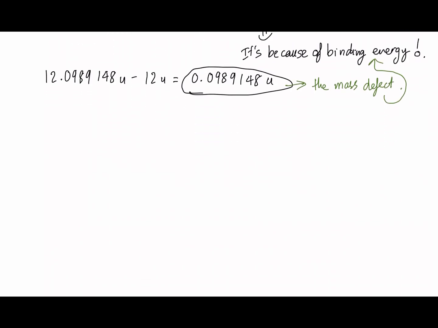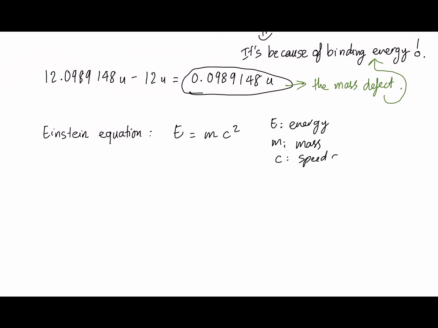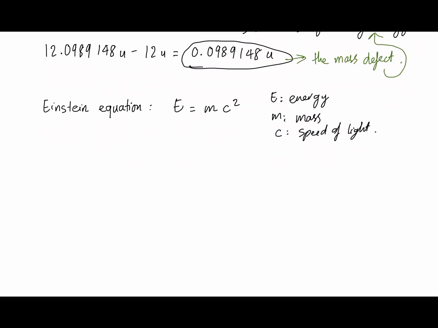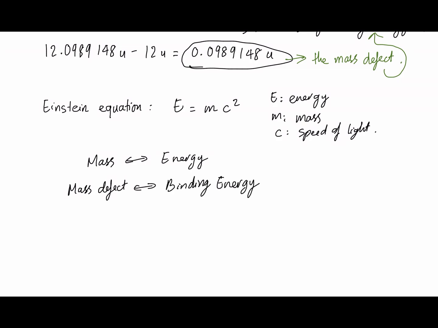I'm sure that you have heard of Einstein's famous equation E equals mc squared. It's E for energy, m for mass, and c for speed of light. In a way, you can say that mass is just a representation of energy. So the mass defect is basically just a representation of the binding energy, and vice versa, the binding energy is just a representation of the mass defect itself.